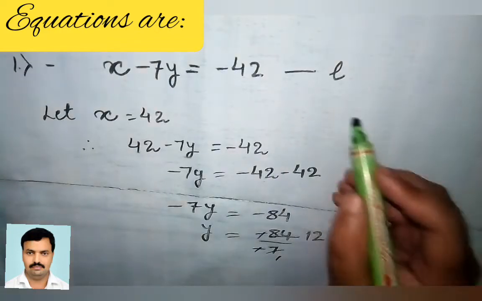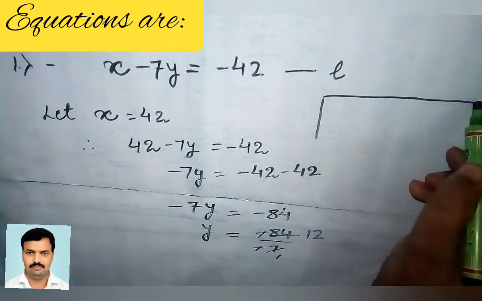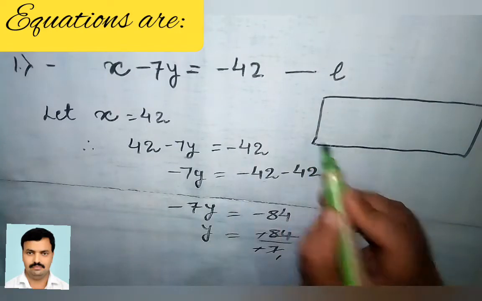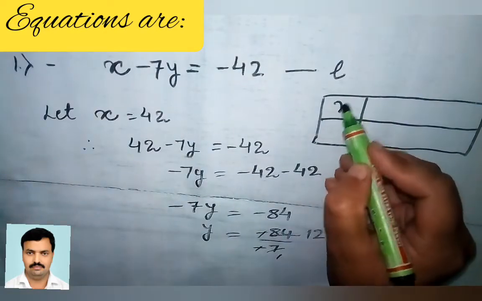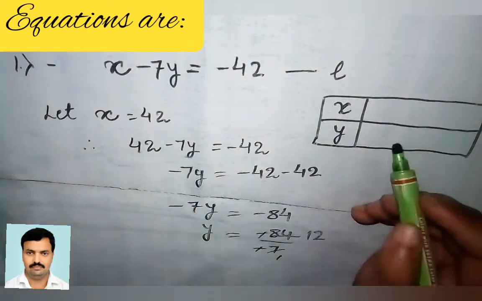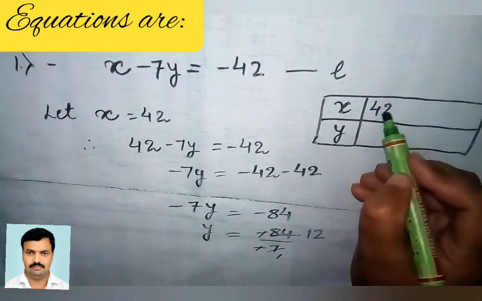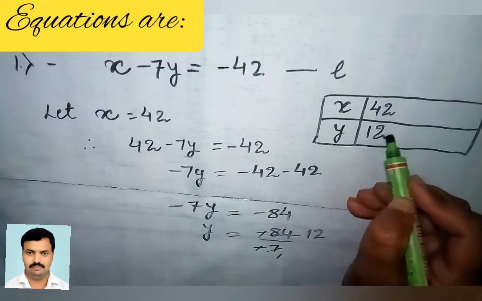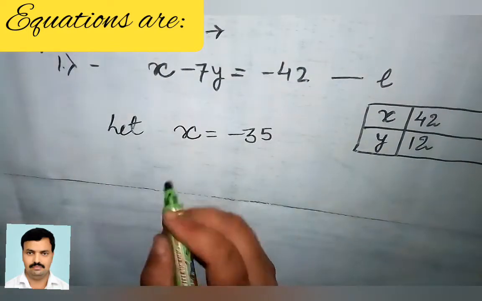Now let us frame the table for the values of x and y for line L. Here the first value of x is 42, and if x is 42, y will be 12. Same procedure we will follow for the second variable.